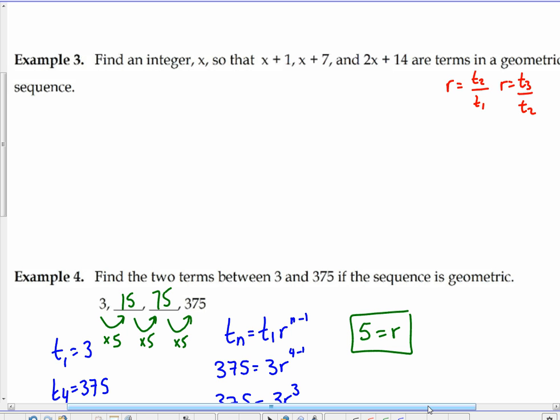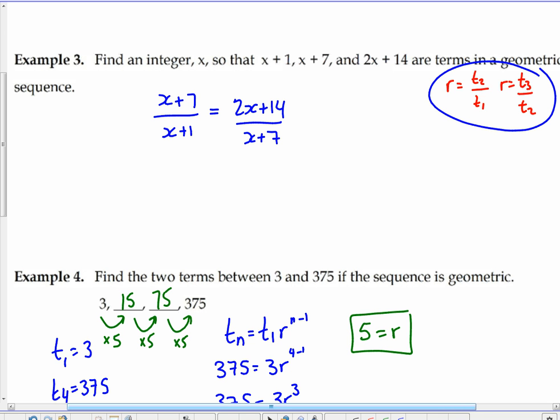So in this case, term 2 is x plus 7 divided by x plus 1 equals, bless you, 2x plus 4 divided by x plus 7. Agreed? So we're relating the common ratios. Those are equivalent. Okay, this is a fun one.